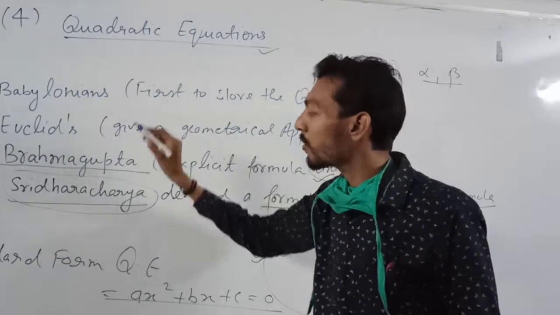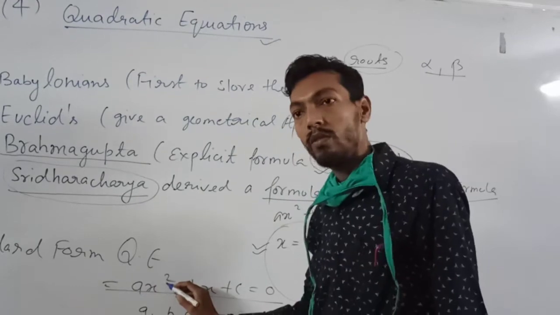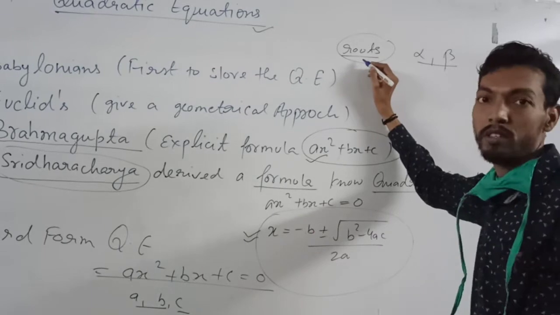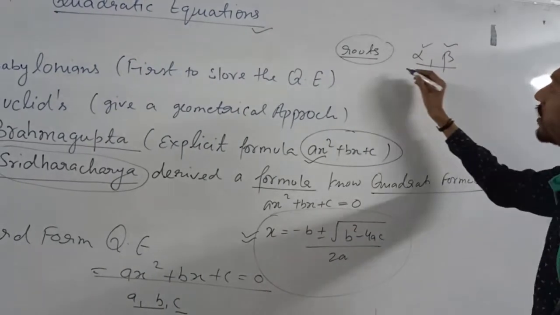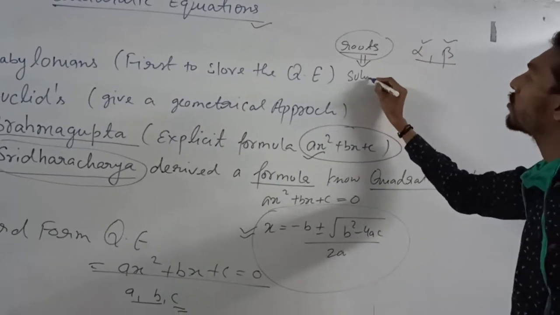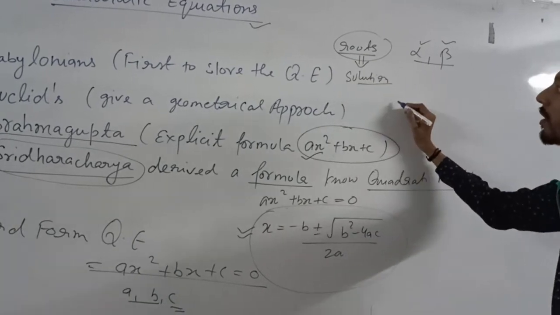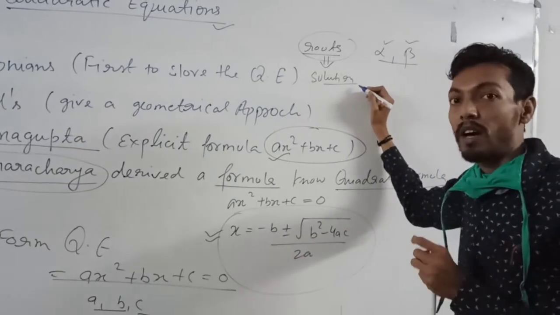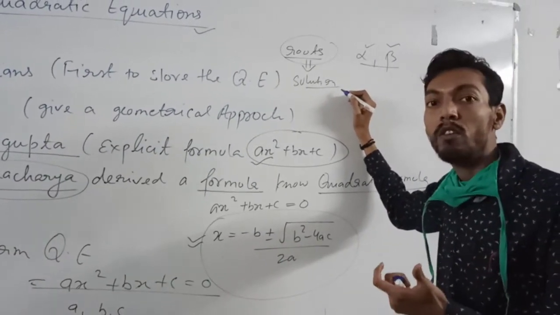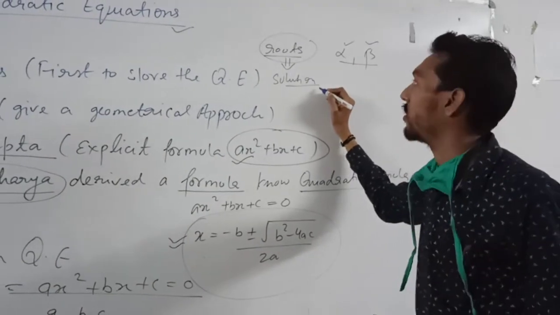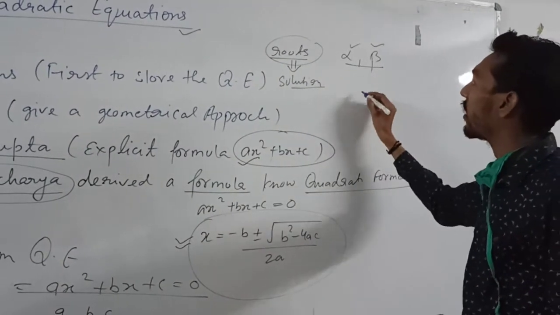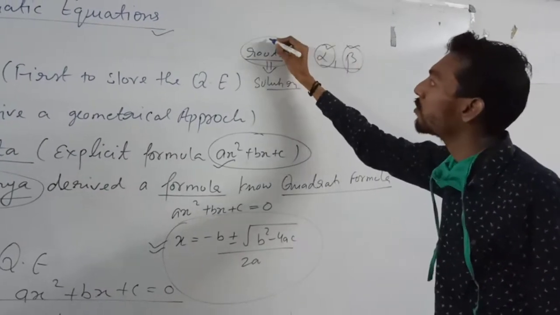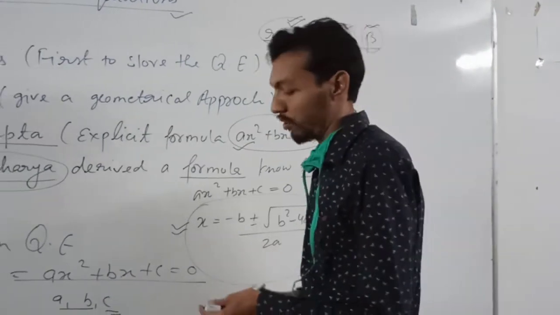In the quadratic equation the highest power is 2, so it must have 2 solutions. So there are 2 roots. Roots are also known as solutions. Okay? So students, a remark: if the question asks to find the roots, that means find the solutions of the equation. The solutions of the equation are 2, one is alpha and the second is beta. So alpha and beta are also known as the roots of the equation.